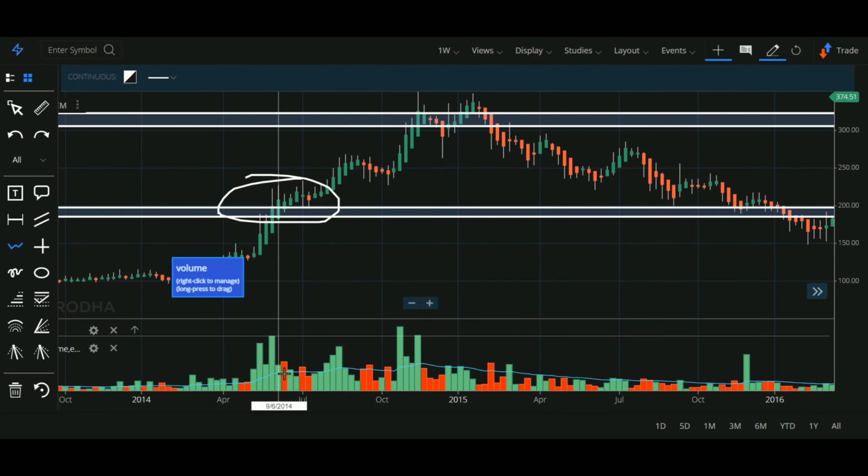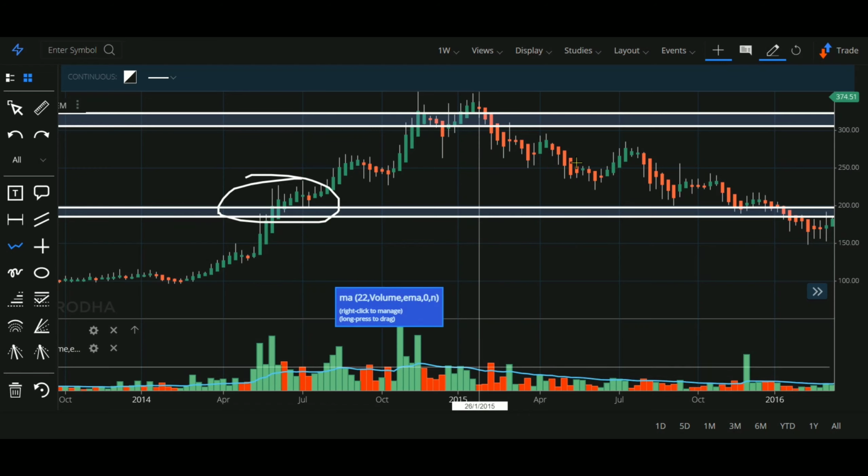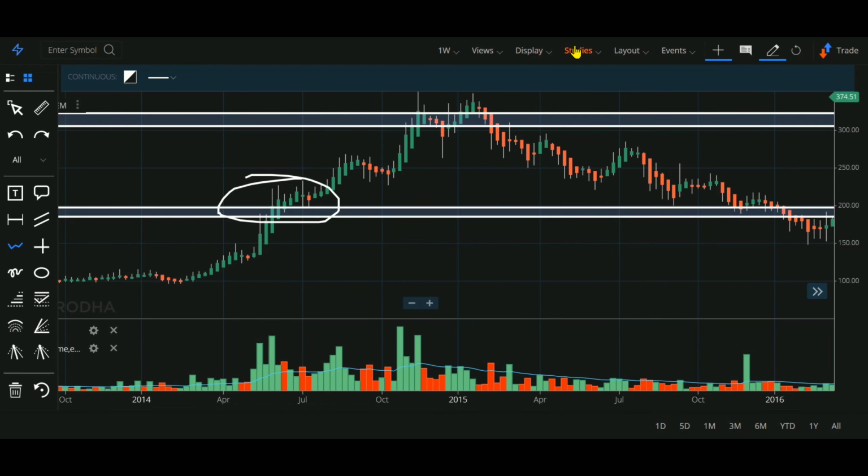Now, how can I say that they are pretty good? Just by looking at the bar, I can say that it's pretty good, but to confirm it, I have added this blue line, which is a 22-day moving average over the volume. It simply means that when these bars cross this 22-day moving average line, the volumes are even better than the last 22 days.